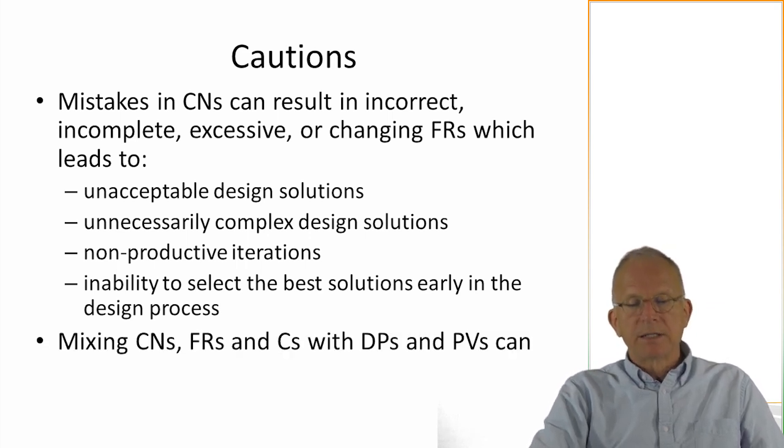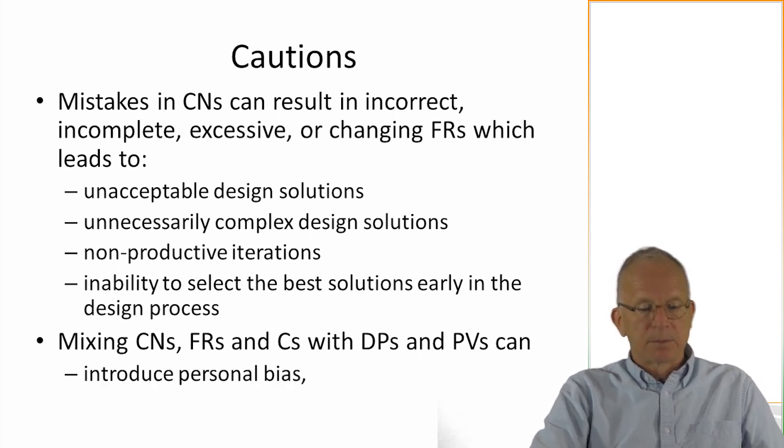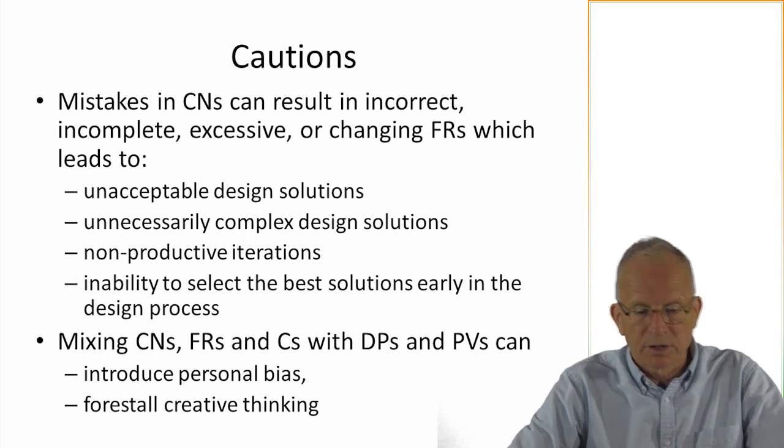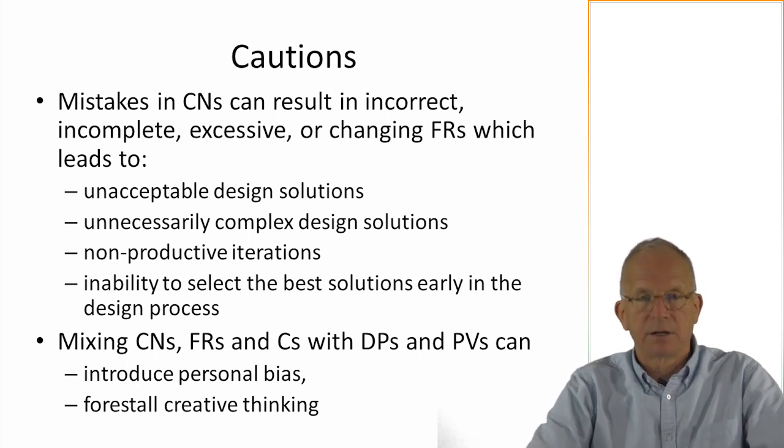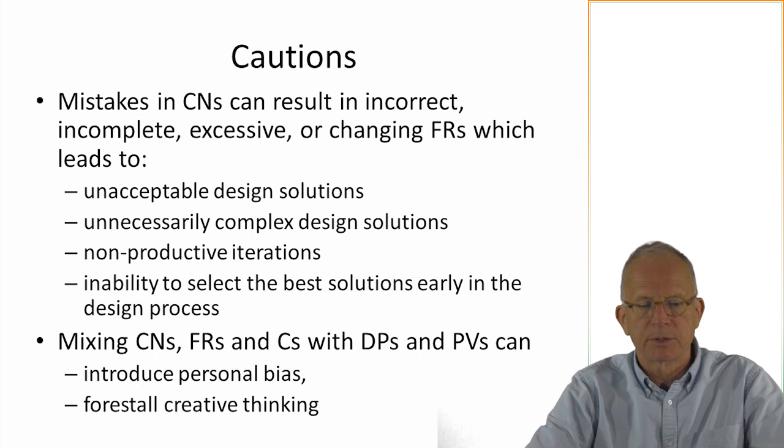Mixing up CNs, FRs, and Cs with DPs and PVs can introduce some personal bias and forestall creative thinking. So this is part of, for example, the solution neutral environment issue.